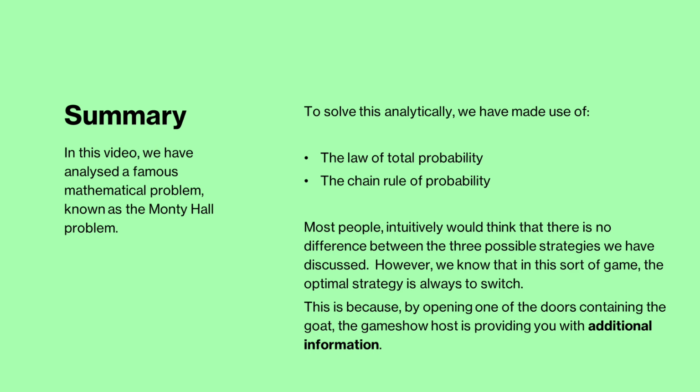Most people will assume that the probability of winning is 1/2, irrespective of the strategy that's used. We've shown that the strategy very much matters, and the optimal strategy in this case is always to switch. And that's because the game show host actually provides us with new information when they open one of the doors to reveal the picture of the goat.